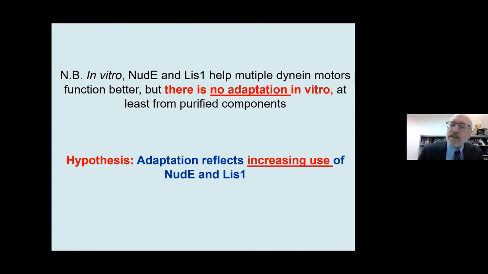So the hypothesis must be that in vivo, under normal conditions, when we're seeing this adaptation, that is resulting from increased utilization of NudE and Lis1. Somehow you weren't using much NudE and Lis1, but now after inducing adaptation, you use it more.